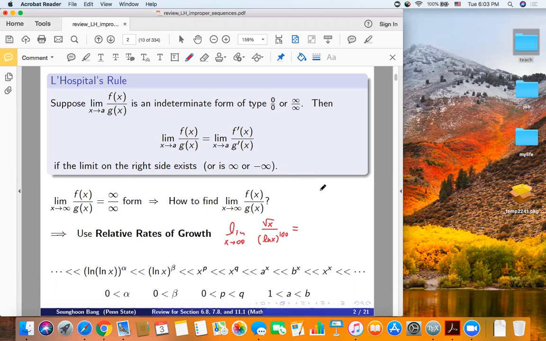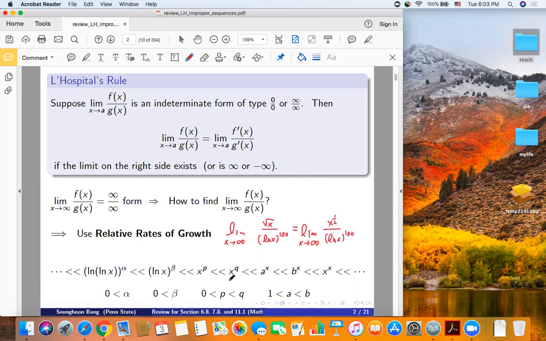Elisa said infinity. Is it right? Here, you can rewrite it: the limit as x approaches positive infinity, the top one is x to the 1/2, the bottom one is ln of x to the power 100.